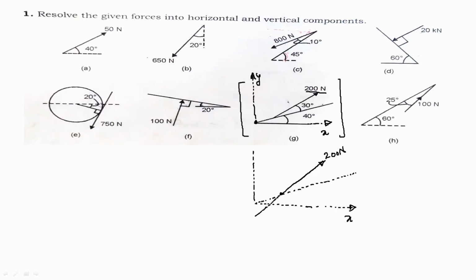Okay. So this is actually a line of action for this 200 Newton. So this total angle, it is nothing but the 30 degree plus 40 degree. So that is equal to 70 degree. Okay. So now angle is available and the force value is given. So we can resolve the force.